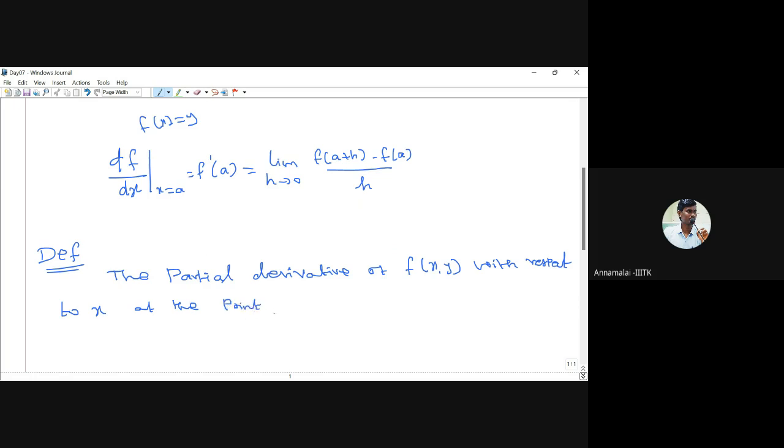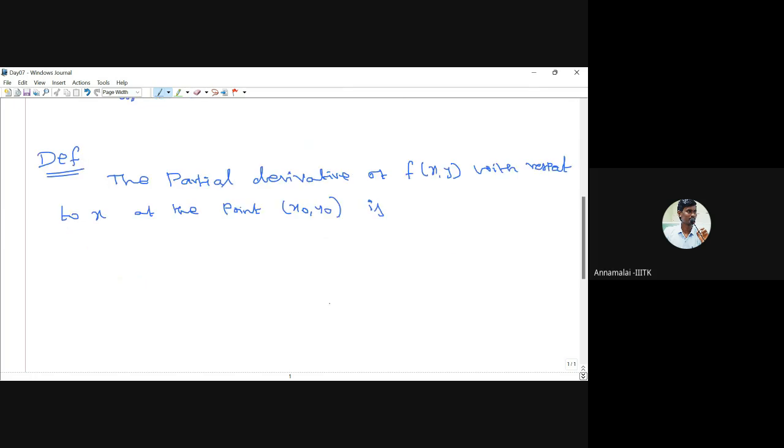What is the derivative of a function at the point (x naught, y naught) with respect to x? The limit exists. What is the limit? Usually we denote it f suffix x, that is the partial derivative of f, otherwise we write dou f by dou x at the point. So we write dou f by dou x, the partial derivative of f with respect to x. After that you substitute the point (x naught, y naught).